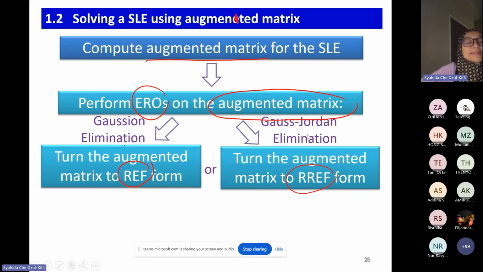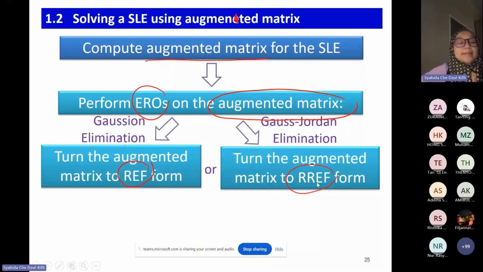Gaussian elimination is a method of performing elementary row operations on the augmented matrix to transform it into REF form, or using Gauss-Jordan elimination to transform it into RREF form.